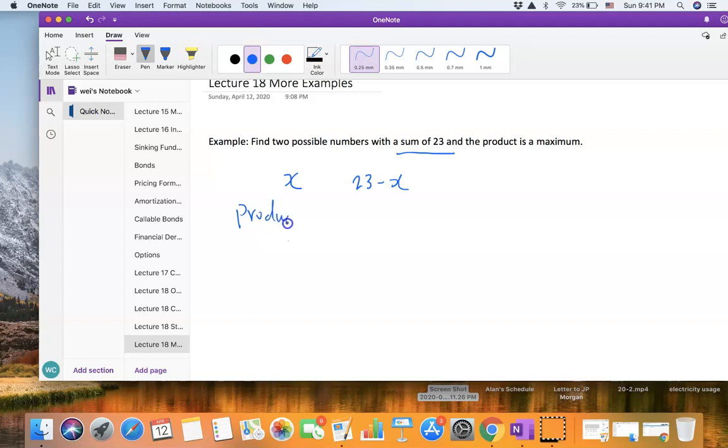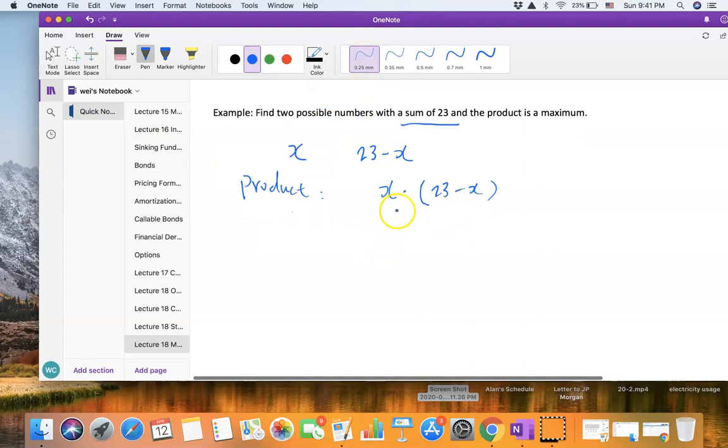Because the product of these two numbers we can write as x times 23 minus x. So in this problem, the quantity we're going to optimize is to determine x such that we are able to maximize this term, x times 23 minus x.